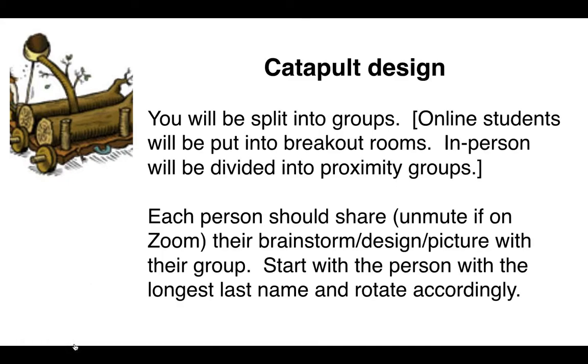So in class, we'll split you into groups, and on Zoom also into groups. And I want you guys to figure out how can you use these supplies to build a catapult. So even if you don't have the supplies, you can help out, brainstorm, or you can look up how you are going to build a catapult that can launch a marshmallow.